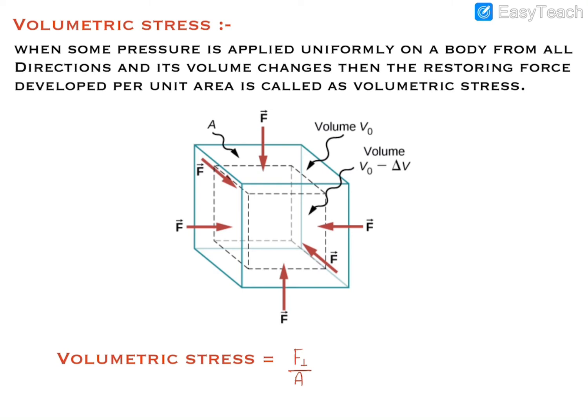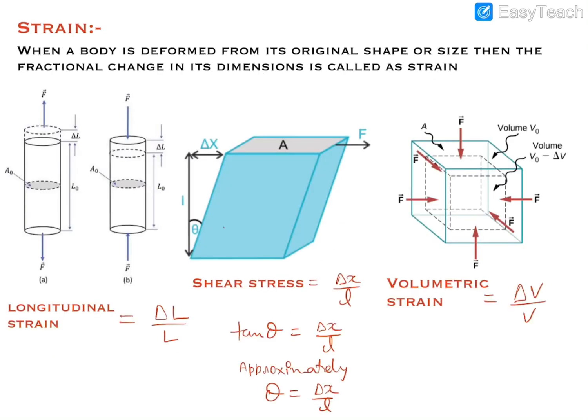Now, what is strain? When a body is deformed from its original shape or size, then the fractional change in its dimensions is called strain. What do I mean by the fractional change?